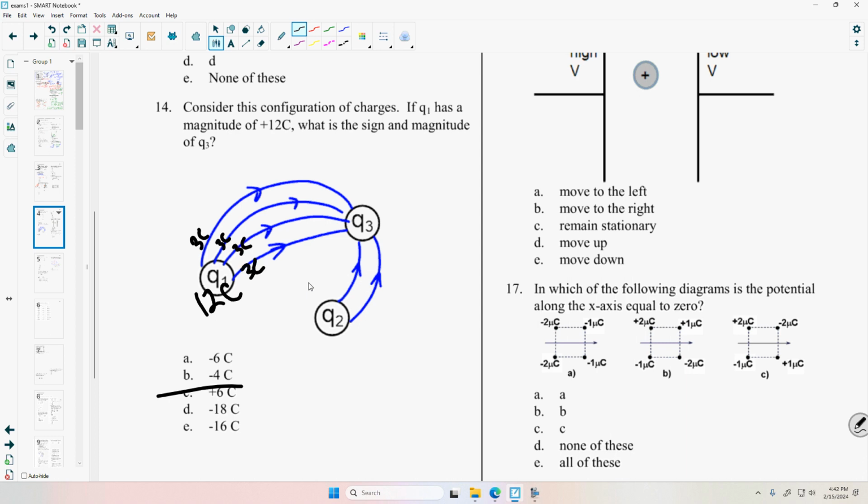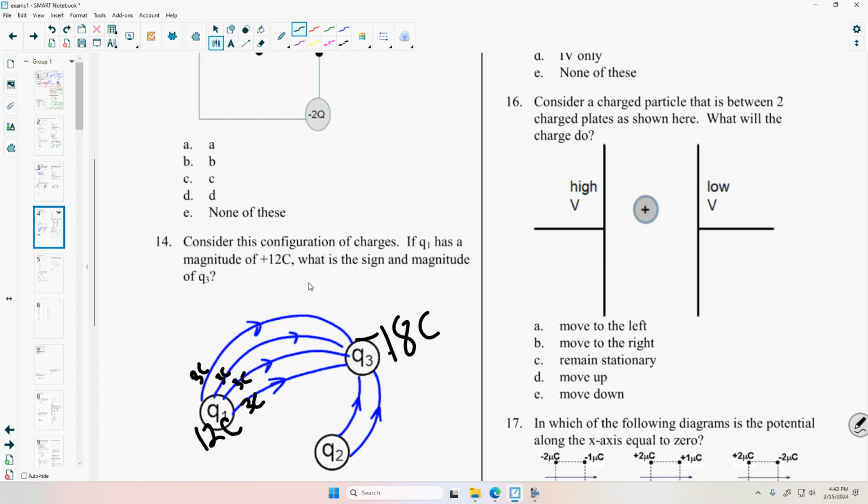They're not really, that's just the way I think about it. Does that help you to think about it that way? So if they're 3 coulombs each and Q3 has 6 lines, that means Q3 is 18 coulombs. And I know it's negative, so D is the right answer. You see what I did there? There are 6 lines, 6 times 3 is 18. Really, I'm doing the ratio by doing that, but I find that to be an easier way to think about charges.